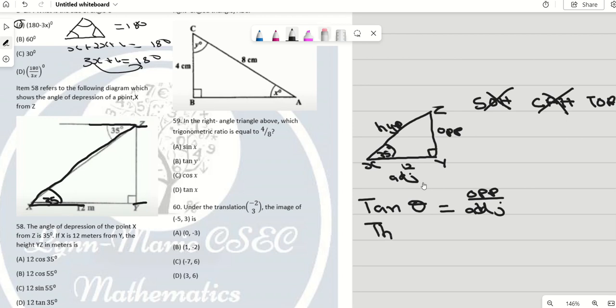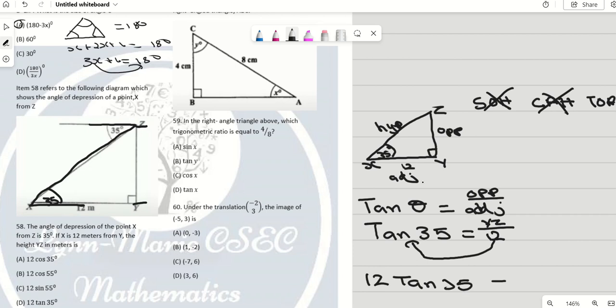Theta is the angle that is given that is not 90 degrees. So in this case, it would be tan 35 is equal to your opposite, YZ, all over adjacent, which is 12. If you make YZ the subject, you carry across, divide by 12, it turns to multiply by 12. So it's 12 tan 35 is equal to YZ.